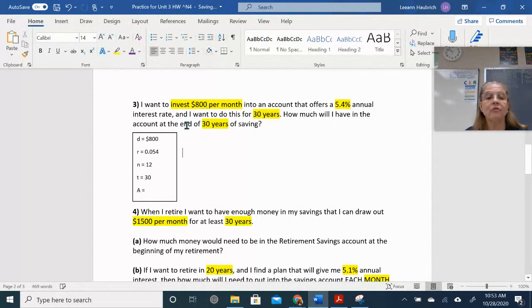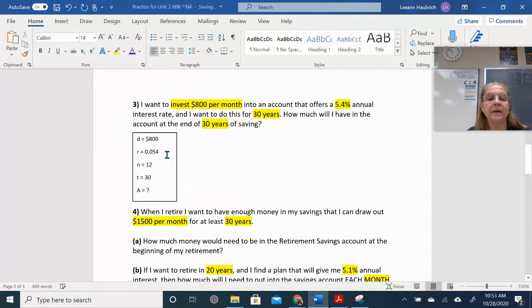So the 800 per month is a deposit for each month. That means it's going to be an annuity account. 5.4% in decimal form. Month is 12. Time is 30 years. And I'm looking for that accrued amount after 30 years.